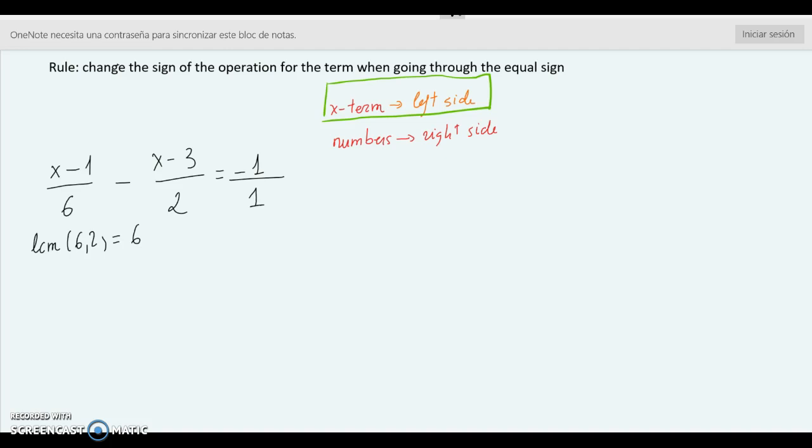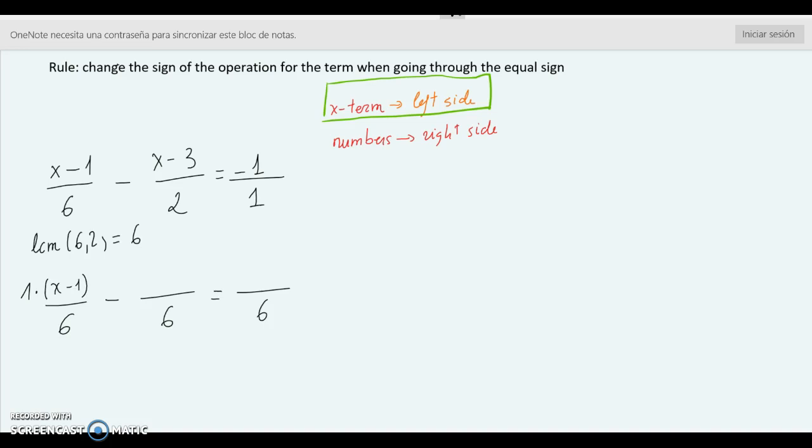So now with the LCM, I put my LCM in all the denominators. And I start dividing. 6 divided by 6 is 1. 1 will multiply x minus 1.